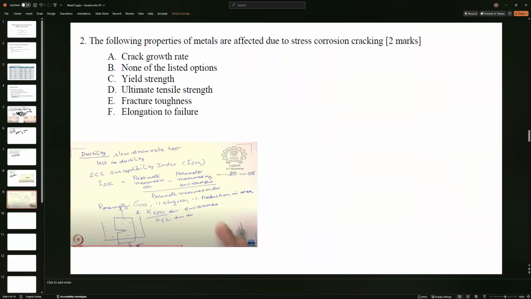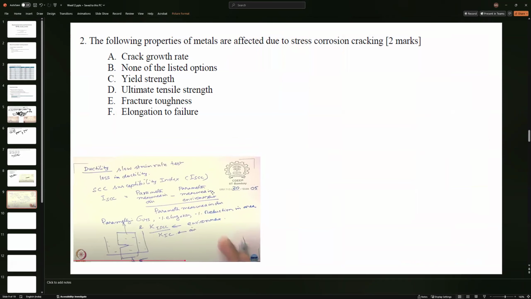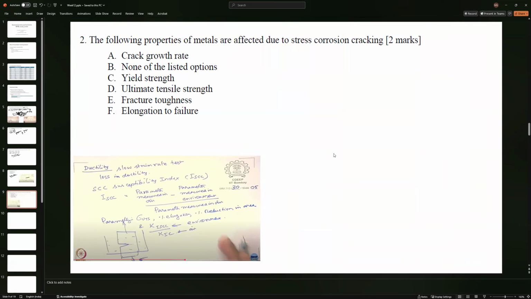Like here, this was a slide he was discussing, how you can quantify stress susceptibility for SCC. So you can measure any of these parameters. Here you are measuring the same parameter in air, and this is measuring in the corrosive environment. In the corrosive environment, SCC will take place, so this will change that parameter.